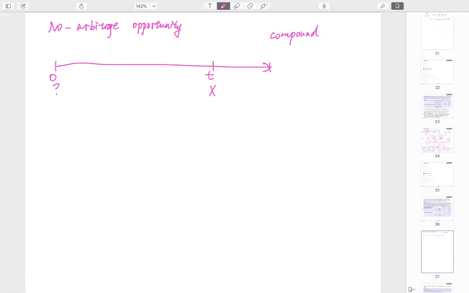So if we apply the accumulated value formula, what would be? x equals, so let's call it x0, shall we? So here is my initial value, I call it x0, times (1 plus i) to the t, right? So from this, I can solve for x0 as x divided by (1 plus i) to the t.